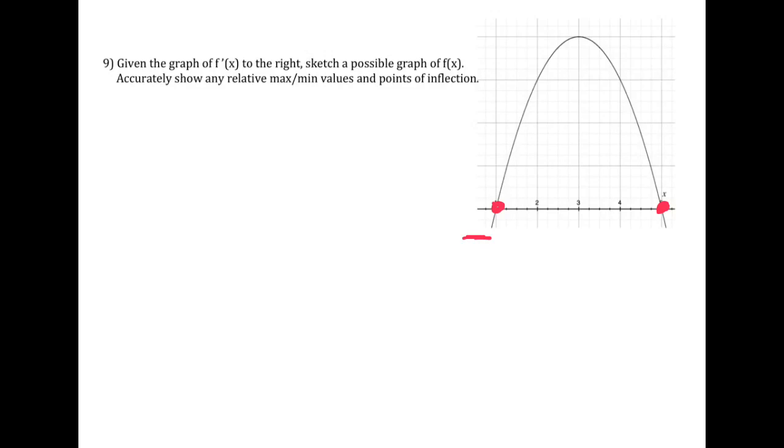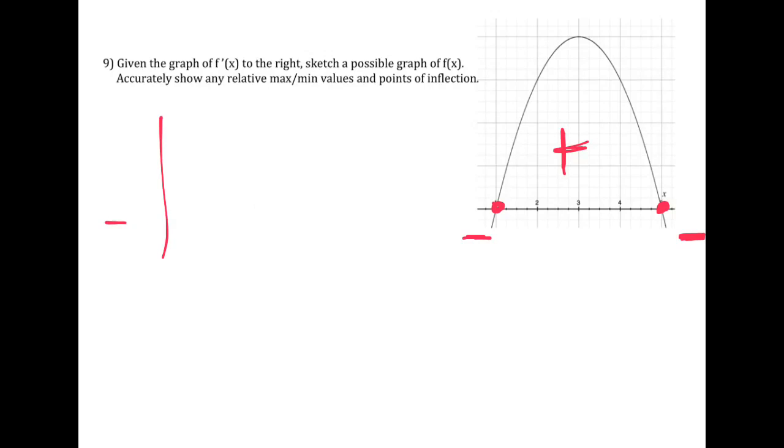Then it goes to a positive slope in the middle, and then it's negative again on the other side of that second 0. So think about that. We're going down, then we have a minimum, and then we're going up for this first point right there.